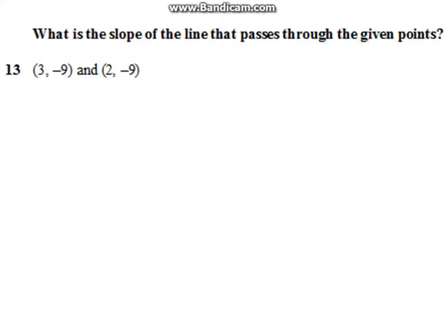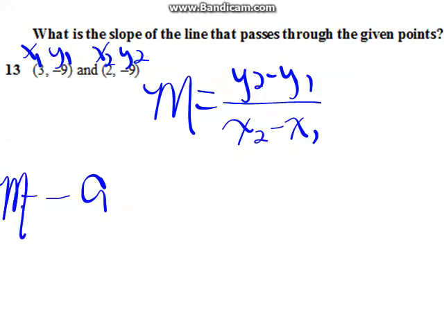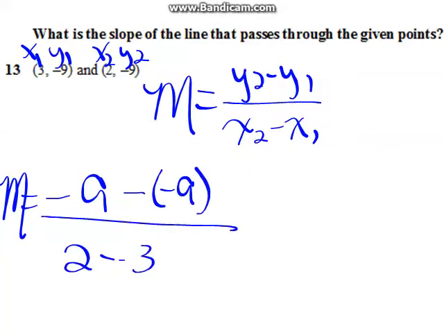The last one I'm going to work is what is the slope of the line that passes through the given points. Well, we know that the slope formula is y2 minus y1 over x2 minus x1. Well, this is x1, y1, and that's x2, y2. So slope equals -9 minus -9 over 2 minus 3.